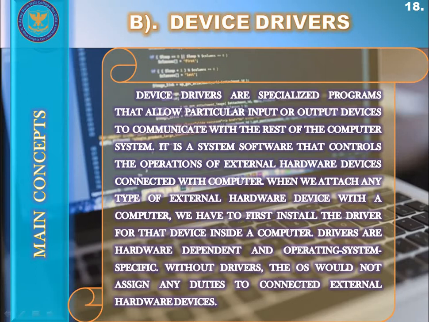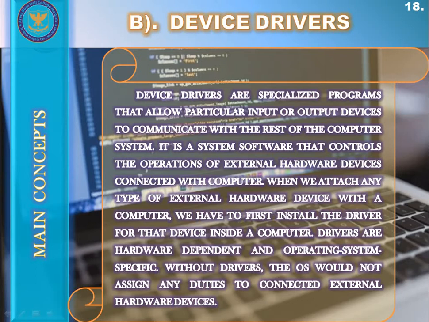After the operating system, the second type of system software is the device driver. The first and most important type of system software was the operating system. A device driver is something that drives a device.